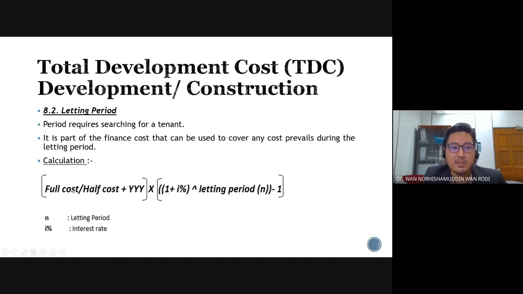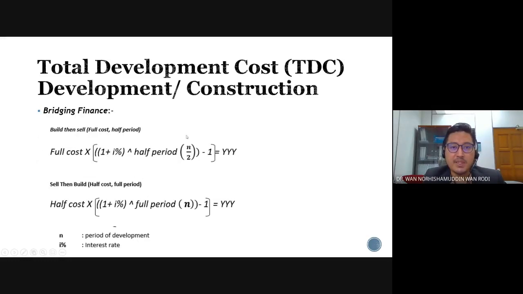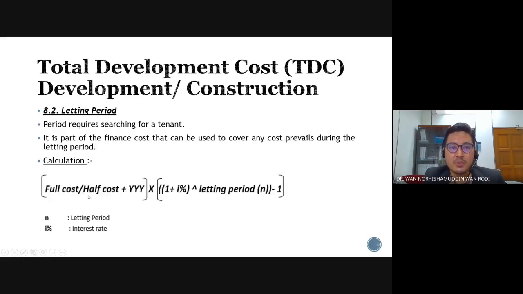So full cost or half cost plus YY. YY is the interest that you have obtained previously in bridging finance. So you plus with your total full cost or half cost, and then you multiply with amount of $1 to the power of letting period.